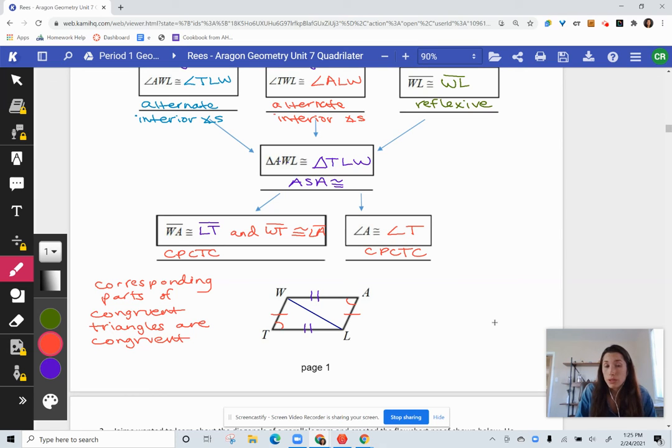So we have now proven what we set out to prove, that the opposite sides and angles are congruent. That is one of the properties. So we could say a property of a parallelogram is that it has congruent opposite sides and angles.